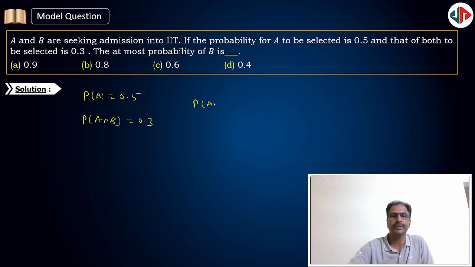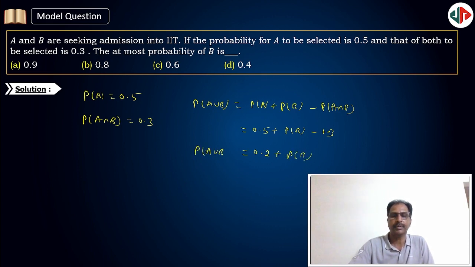What is the formula for P of A union B? P of A plus P of B minus P of A intersection B. So this is 0.5 plus P of B minus 0.3. So this is 0.2 plus P of B.